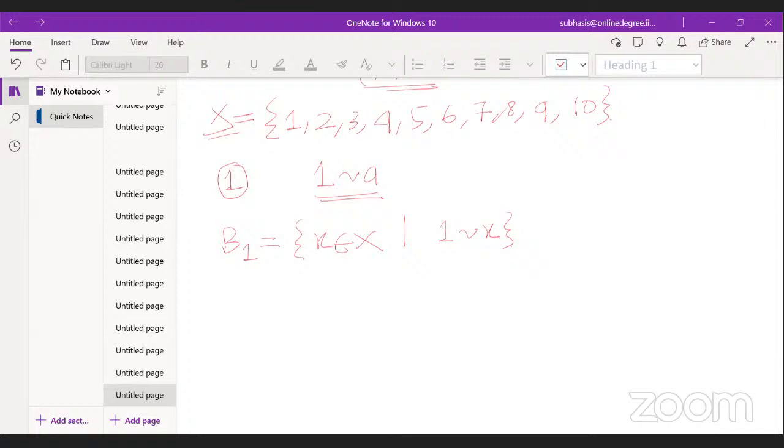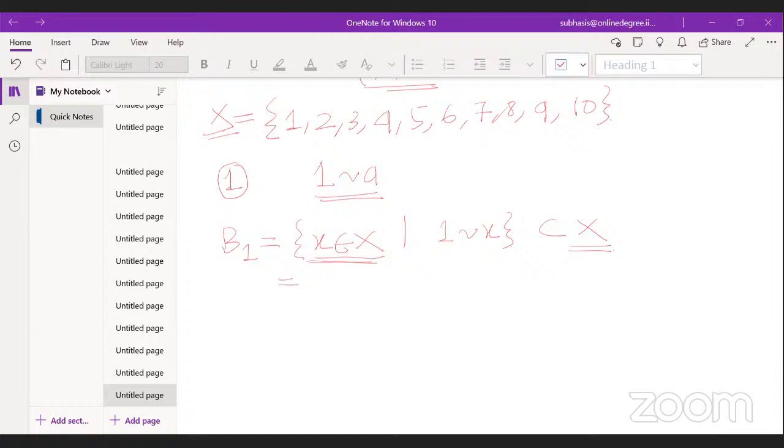Sir, (1, 1), (2, 2), (3, 3). No, the elements of B1 are not in the form of tuples, because B1 is basically a subset of X. See how I defined B1: the elements in the set X which are related to 1.